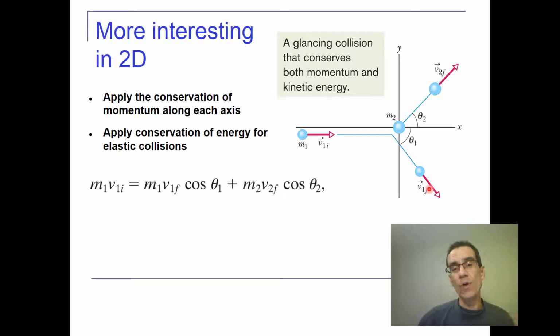By the same token, m2 times v2f, the final velocity of particle 2, multiplied by the cosine of theta 2, will give the component of that v2f along the x direction.